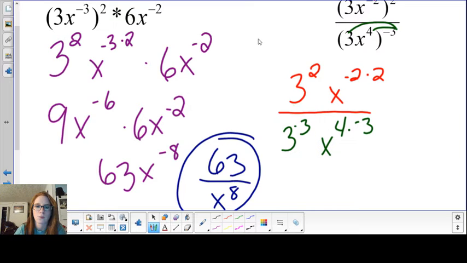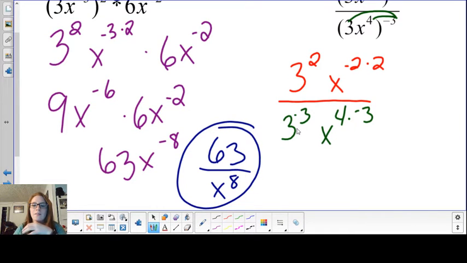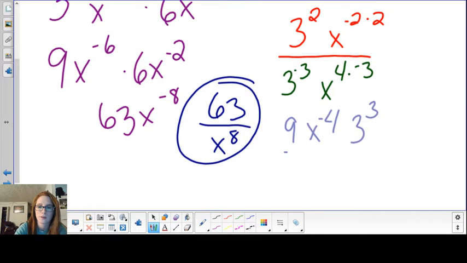Now in this case, because we have a negative exponent with our constant, which is 3, we have to first make it positive before I can do anything with it. So 3 squared is 9, x to the negative 4. The 3 to the third is going to come up and be positive. I have x to the negative 12 on the bottom.